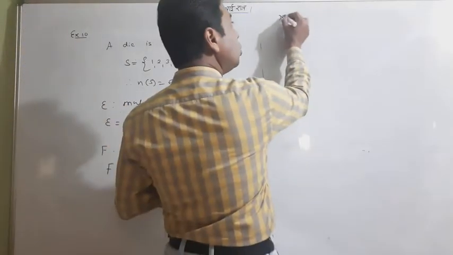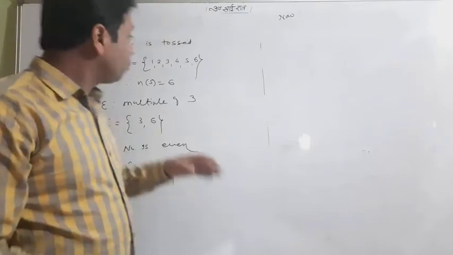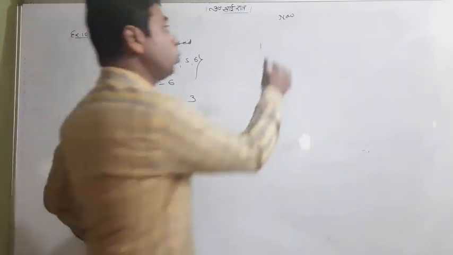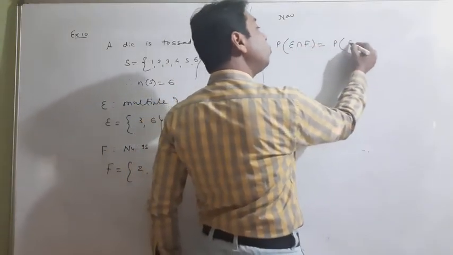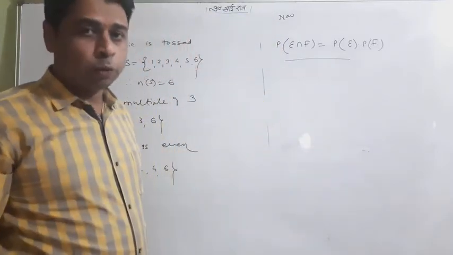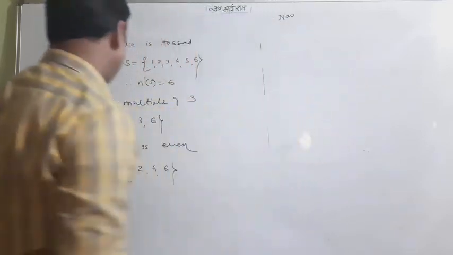Now, you know what I am going to do. First of all, we want to show whether E and F are independent. So we will show P of E intersection F should equal P of E into P of F. If this holds, the events will be independent. So one by one I will find all.